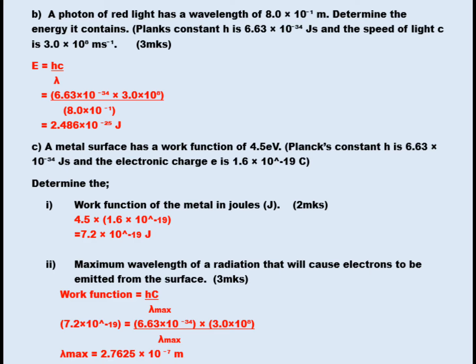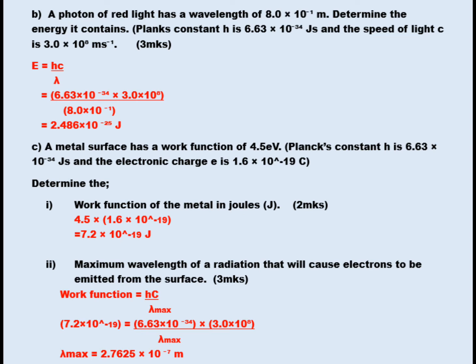Maximum wavelength, that means through the work function. So work function is hc over lambda maximum, because work function is also hf naught, where f naught is the threshold frequency, but when you replace the threshold frequency with the speed and wavelength, it becomes c over lambda maximum.